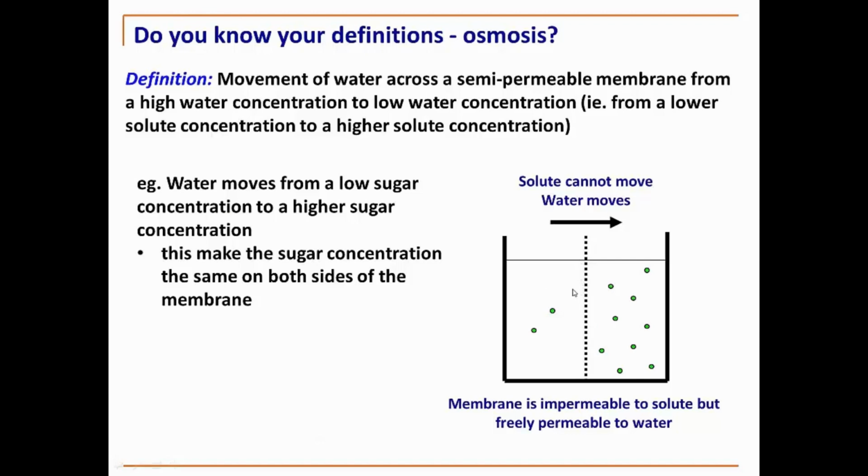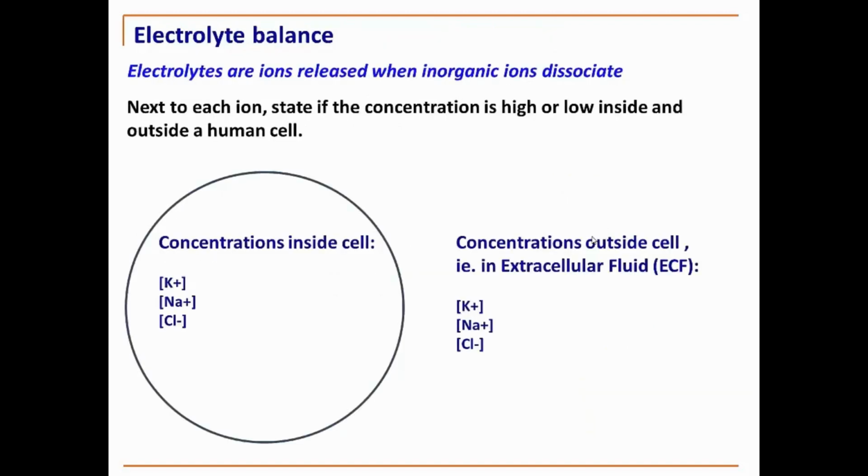So the water level on this side might lower to there, where my little arrow is. And the water level on this side might go up to, better not go above the container, might go to there. That's because the water has moved. And it does it until the concentration of the solute is the same on both sides. So that's osmosis, movement of water across a semi-permeable membrane.